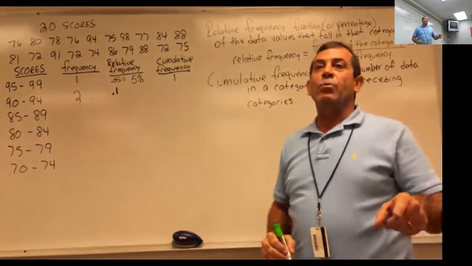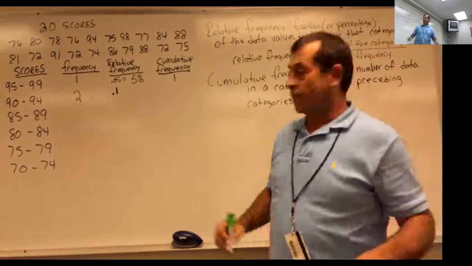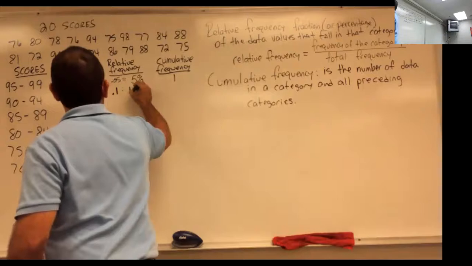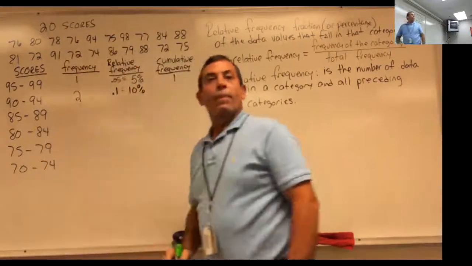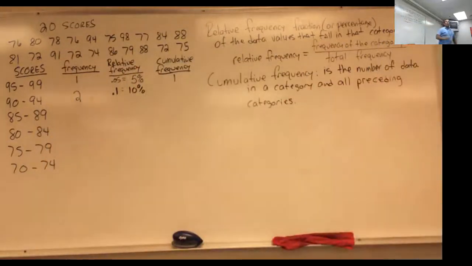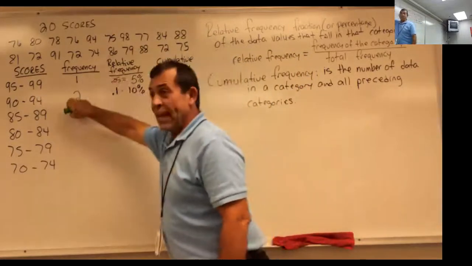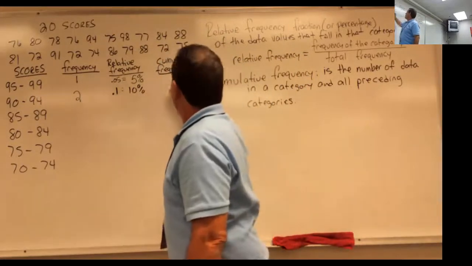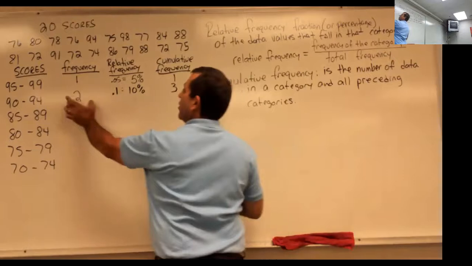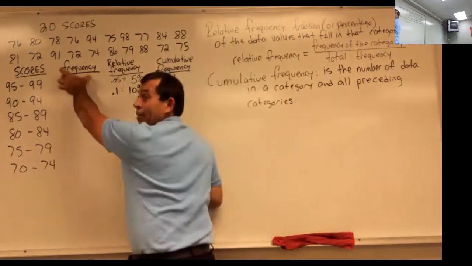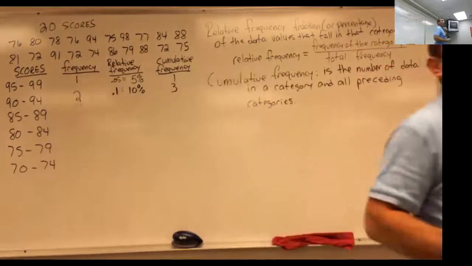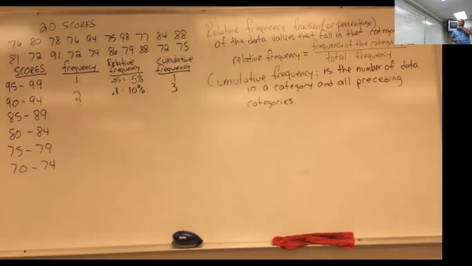So turning that into percent, that's going to equal 10%. So now, watch this. The cumulative frequency takes this 1, adds that 2 to it, and now altogether, you see it's counting the frequency here plus the previous frequency. Okay?